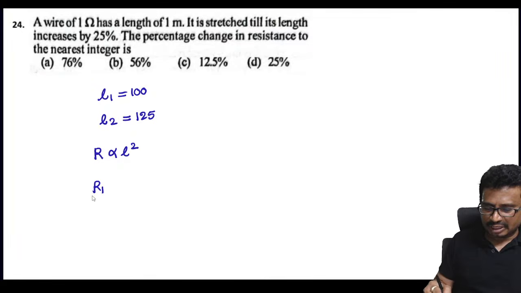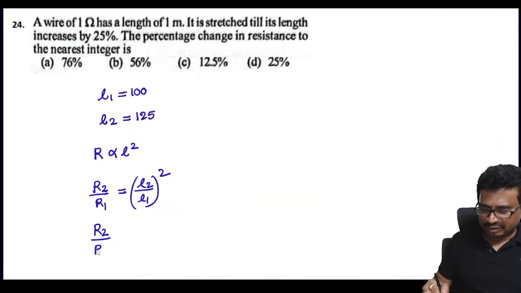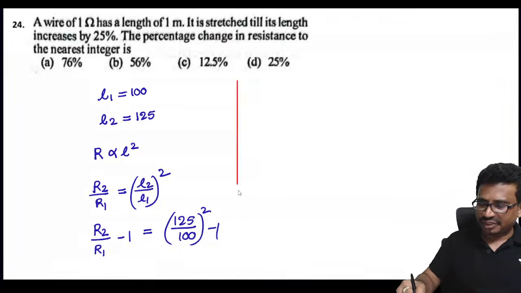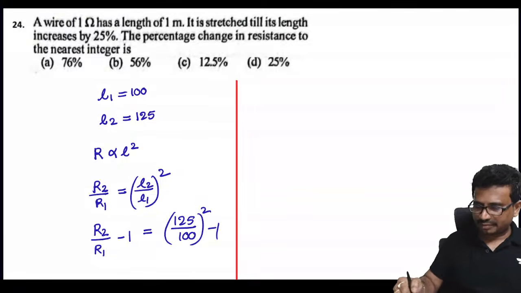So I can write R2 by R1 equal to L2 by L1 whole square. So R2 by R1 minus 1 is equal to 125 by 100 whole square minus 1. Simplify this, how much will come?